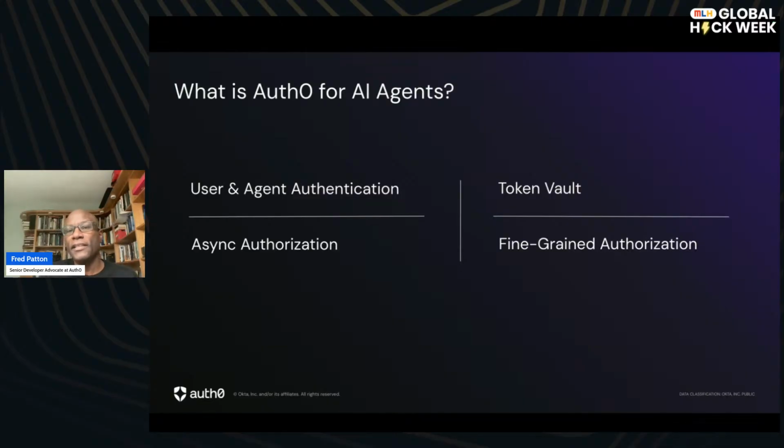Async auth then is how we handle this, basically just-in-time authorization. So let's say I want you to send an email for me. Just like an app, we don't want to authorize the agent to do whatever it wants with all our information, and for as long as it wants.